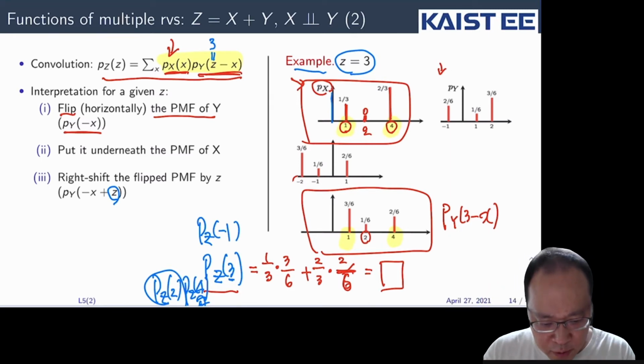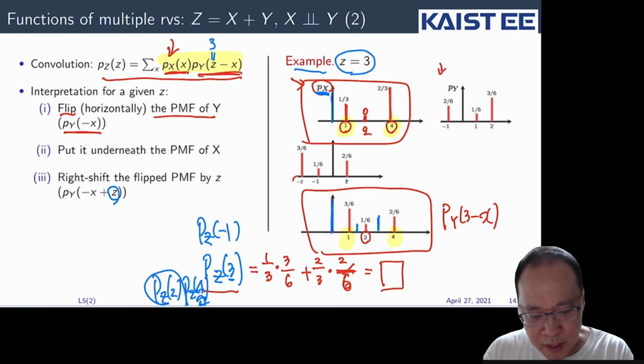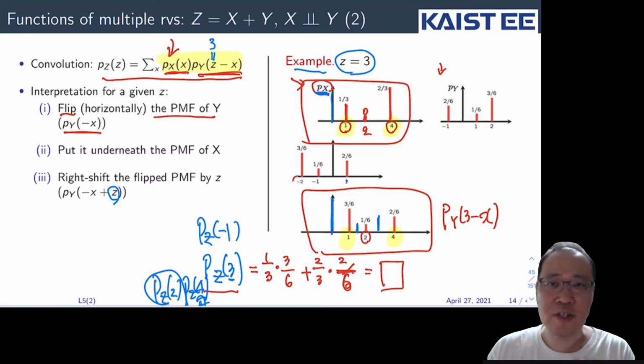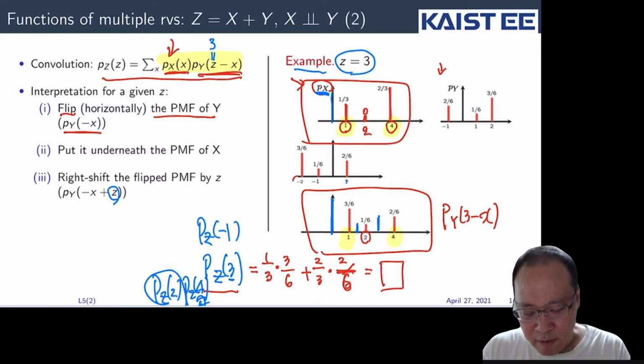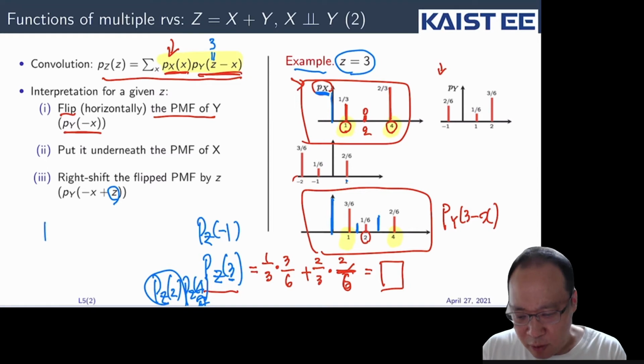So right shift by 2 is that 1 becomes 3. So something like this, and this, and this. And we have to do the multiplication of the PX and this right shifted version by 2. Okay? And through that, we can compute all the PZ for all values of the z.